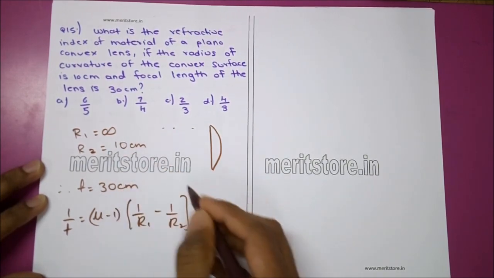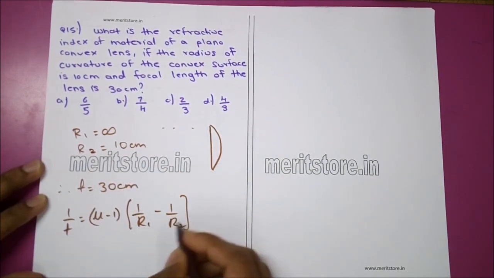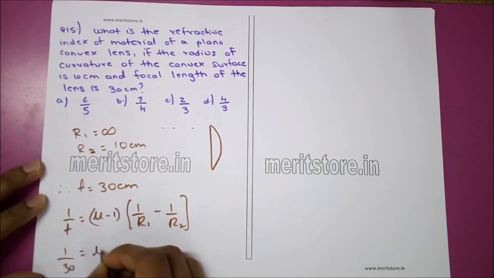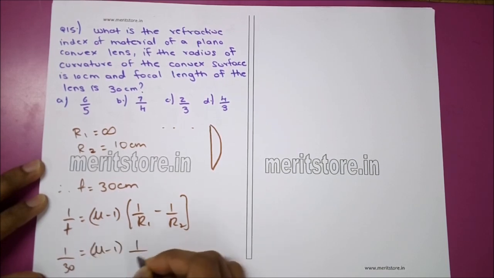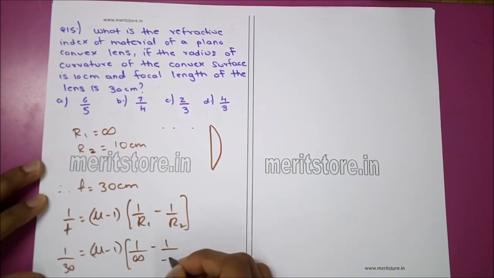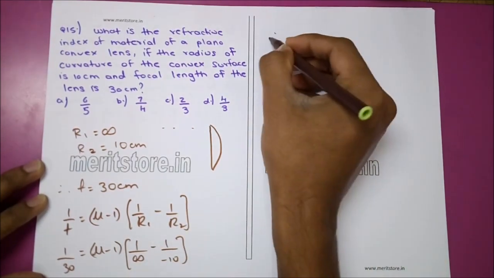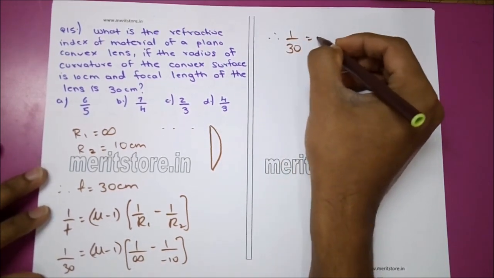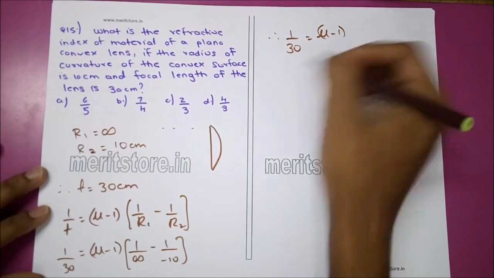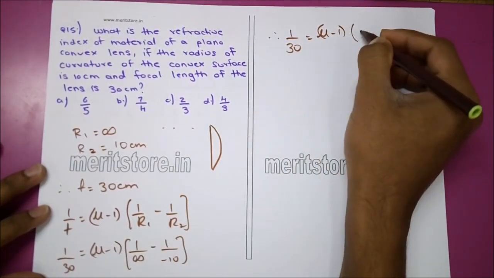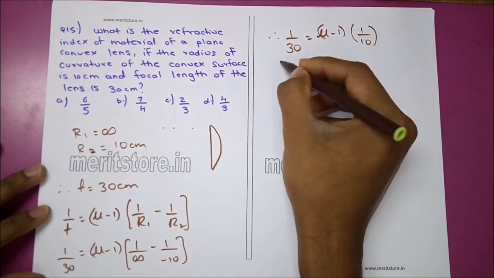The value of R2, since it is on the left side, can be taken as negative. Therefore 1 by 30 is equal to mu minus 1 times 1 by R1, which is infinity, minus 1 upon minus 10. So therefore 1 by 30 is equal to mu minus 1 times, 1 by infinity can be considered as 0, and minus minus becomes plus 1 by 10.